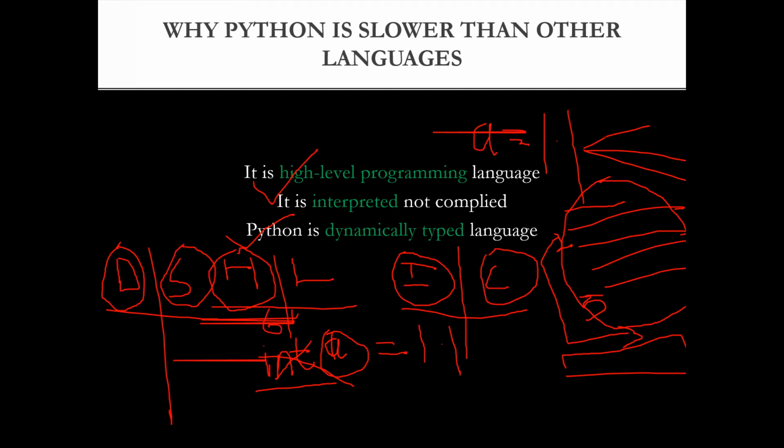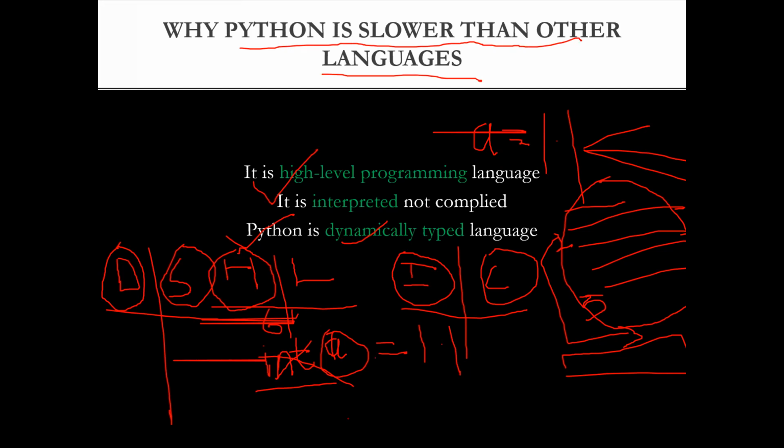You just give the value to the variable, and you can leave it to the interpreter to understand that this is of float type. So to make this possible, internally it has to check whether this is int or float or char. That's why this is the third parameter contributing to why Python is slower than other languages. So, am I clear?